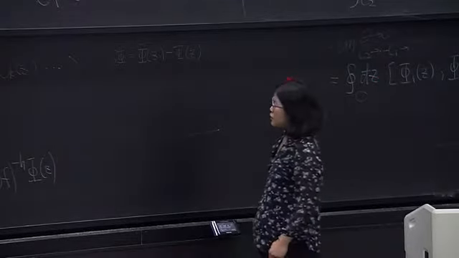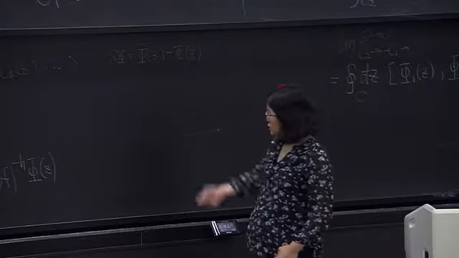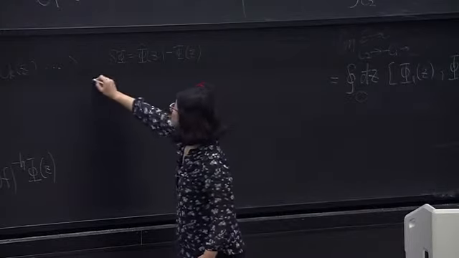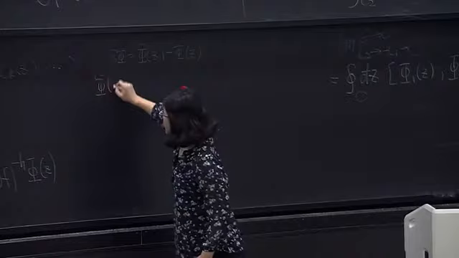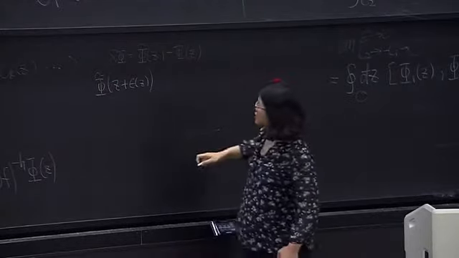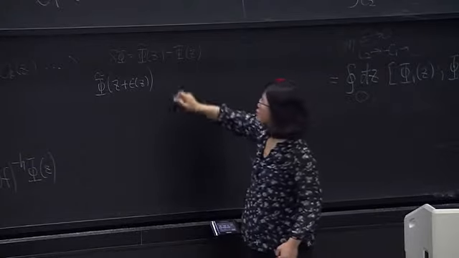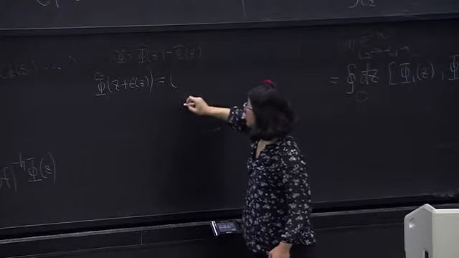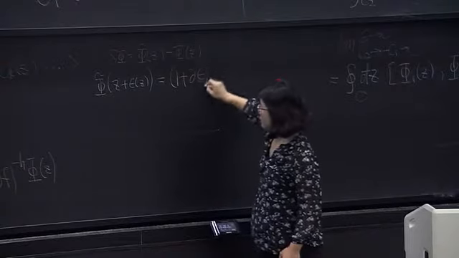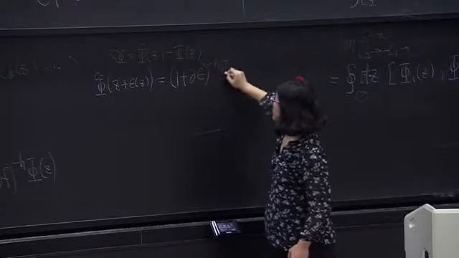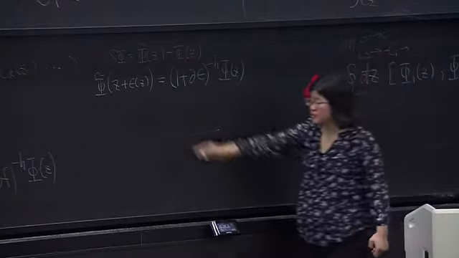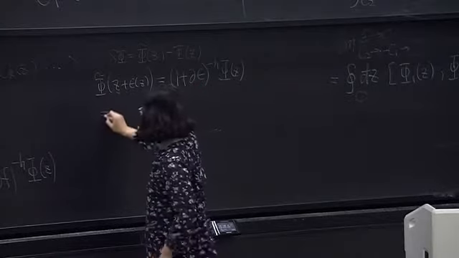So let me expand this in the infinitesimal sense. First, I'll write f(z) equals z plus some infinitesimal epsilon. And so this would be (1 plus partial epsilon) to the minus h, times phi at z. And this is called the Taylor expansion.